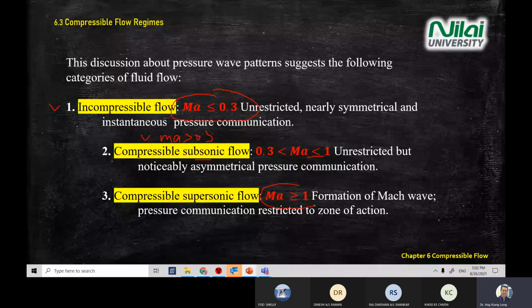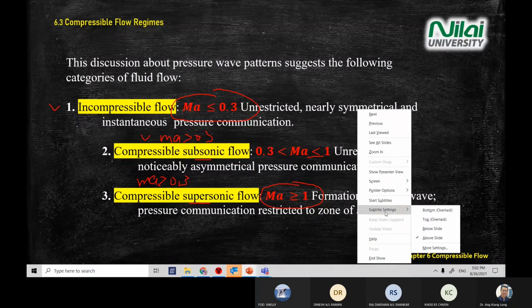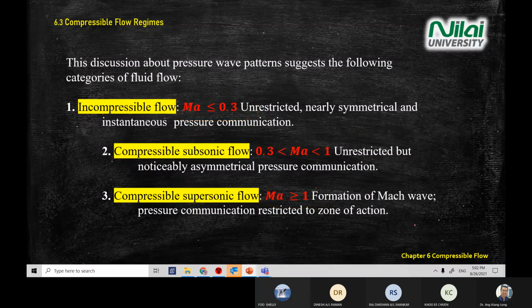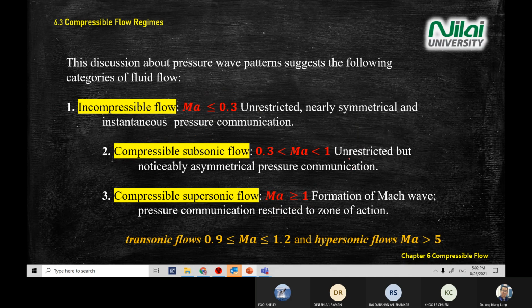And if your Mach number is more than 1, it is also compressible, again because your Mach number is more than 0.3, and for Mach number more than 1, we call it supersonic flow. There are some other technical terms, transonic and hypersonic, that you can read from these slides.